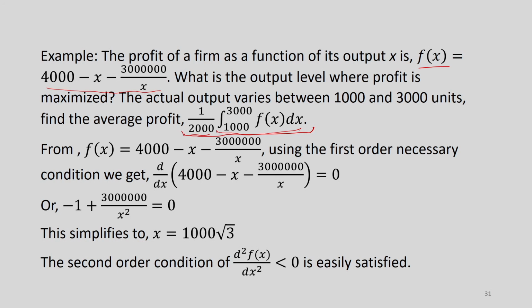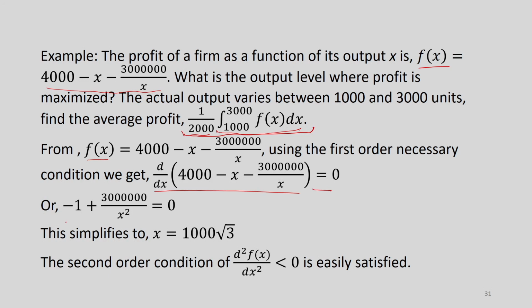Okay. Now, first thing first, we take this function and try to see where it is getting maximized. So, I use the first order necessary condition. I take the derivative and set that equal to 0.